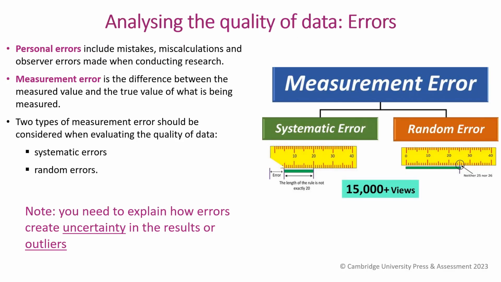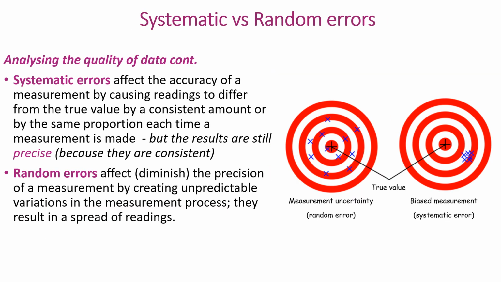Now, we need to be able to explain how errors have affected our data. So it could be a personal error based on a mistake made by the researcher, or it could be something to do with the tool or the method that we use to measure our data, which brings into play systematic and random errors.